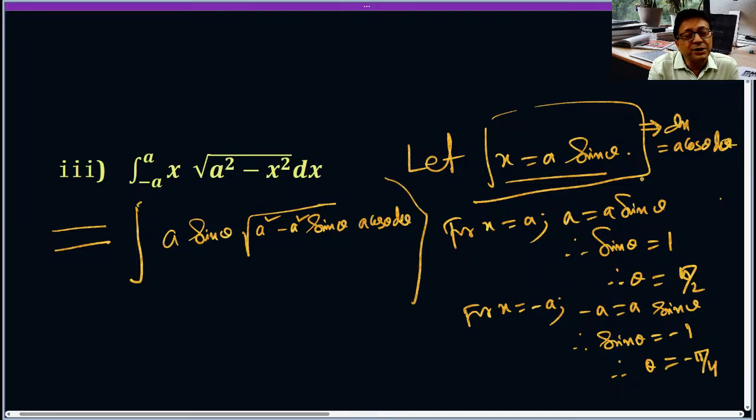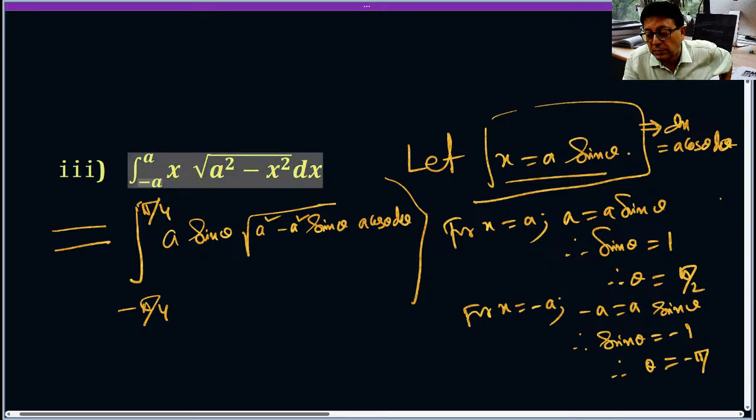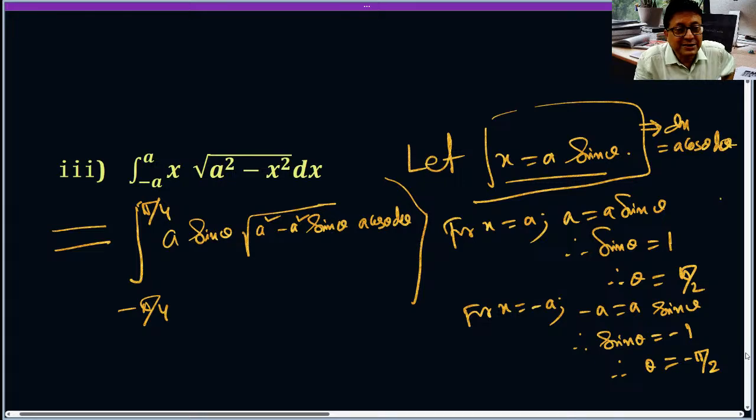And what is the limit of integration? For minus a, it is minus pi by 4. Check once my calculation whether correct or wrong. We have taken x equal to a sin theta, dx equal to a cos theta d theta. We are putting it there. But the same limit cannot be continued. This will be pi by 4, no, pi by 2, sorry, by mistake. It is minus pi by 2 to pi by 2.